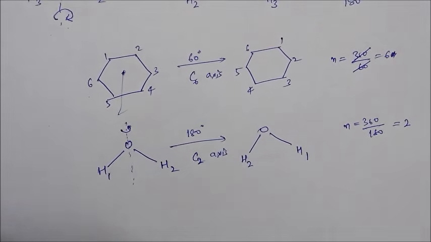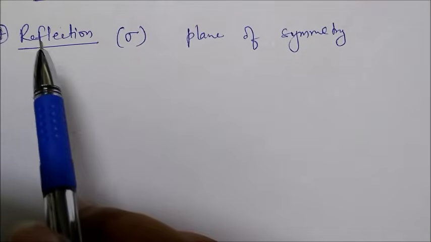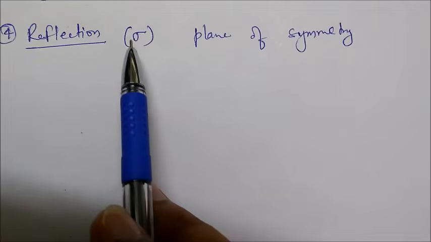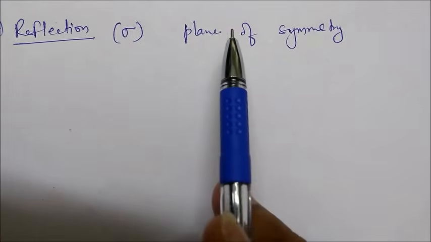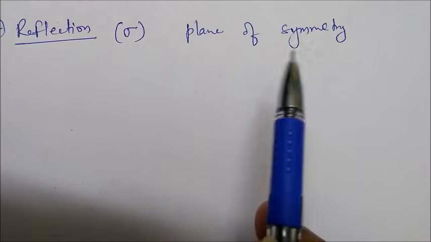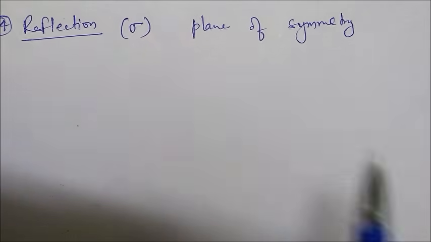So next symmetry operation is reflection, okay, and it is denoted by sigma, and the element of symmetry is the plane of symmetry. So you need to find a mirror plane about which the molecule is indistinguishable.